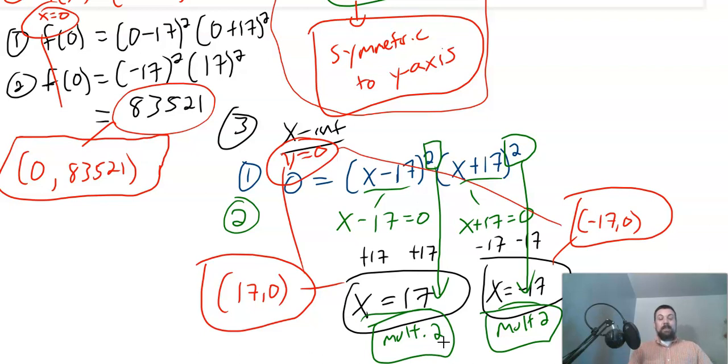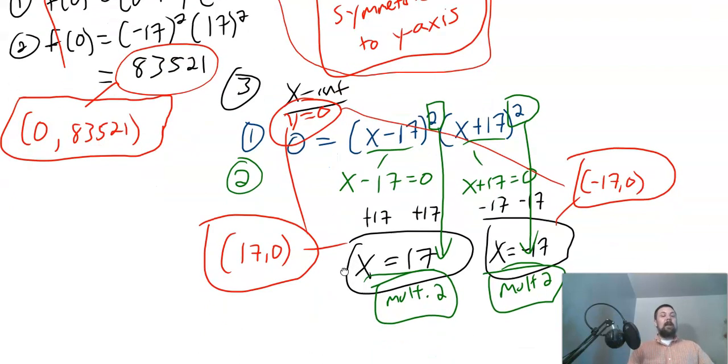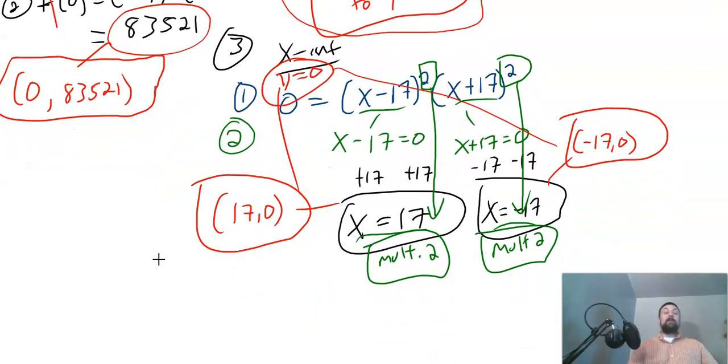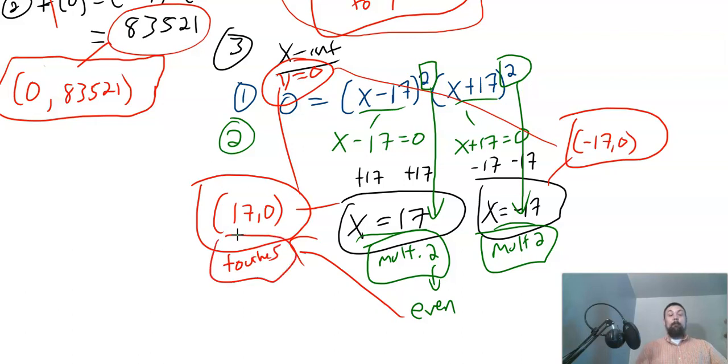And so if the multiplicity is even, so it doesn't even really matter what that number is, it just matters whether it's even or odd, right? This is an even number, and so if the multiplicity is even, then the graph touches the x-axis at that point. It bounces off of it, right? It doesn't cross through the x-axis, it reaches it and then heads back in the direction that it came.